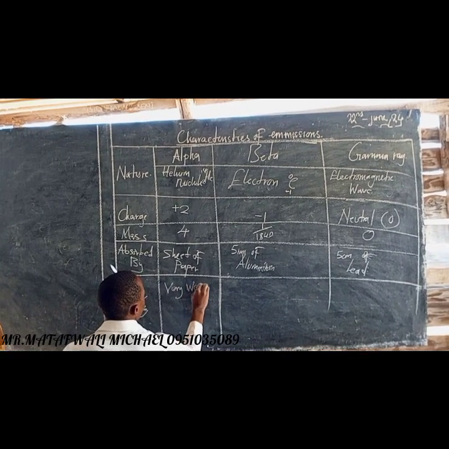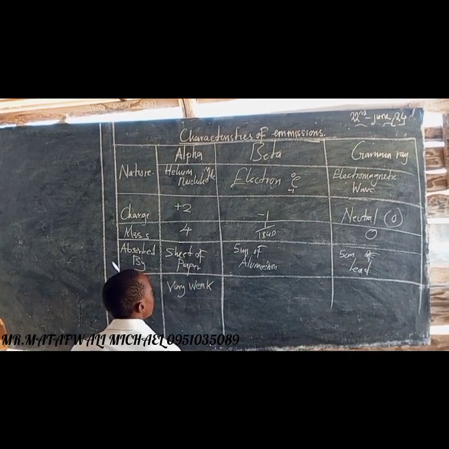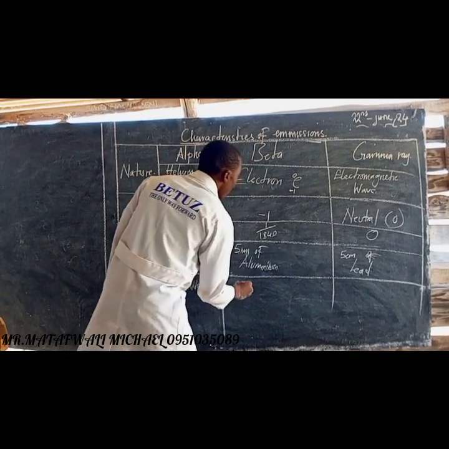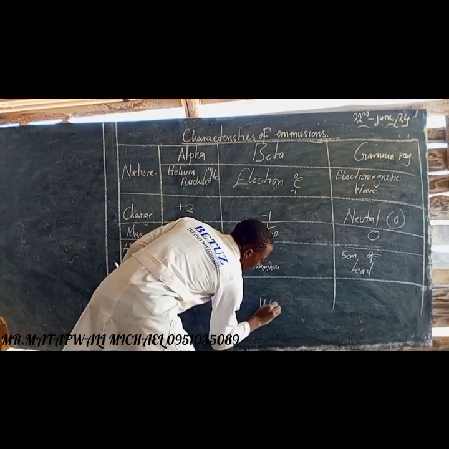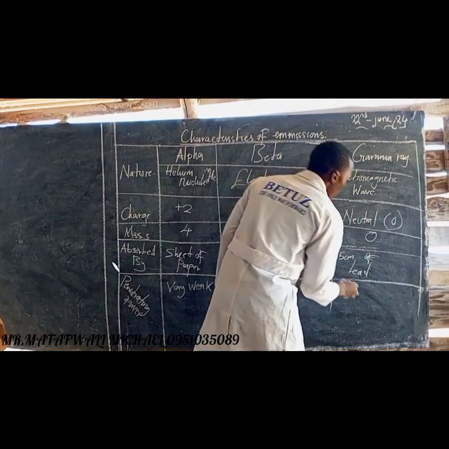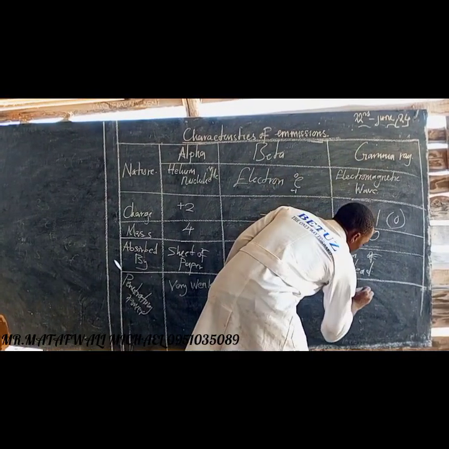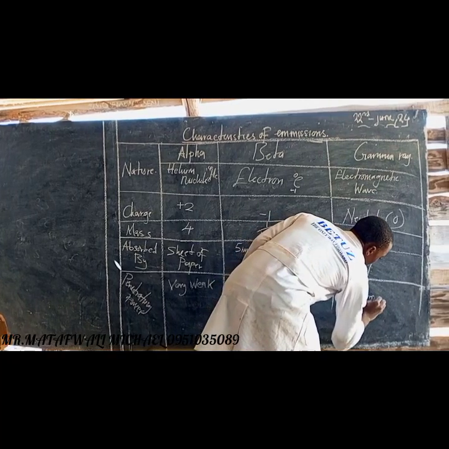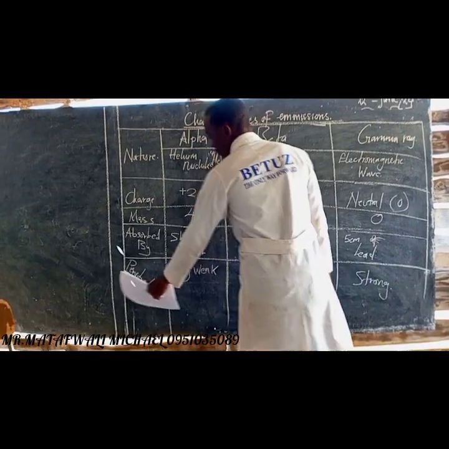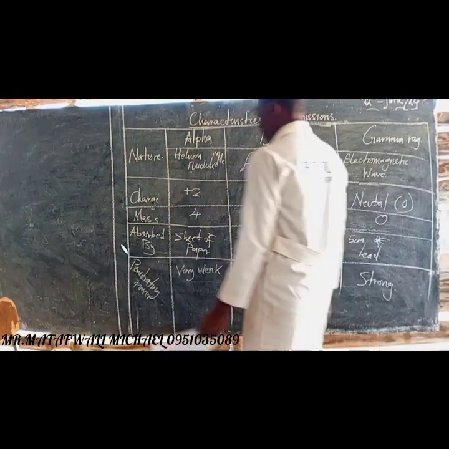While the penetrating power of a beta particle is weak, then the penetrating power of a gamma ray is strong. So here all you have to know is comparison.